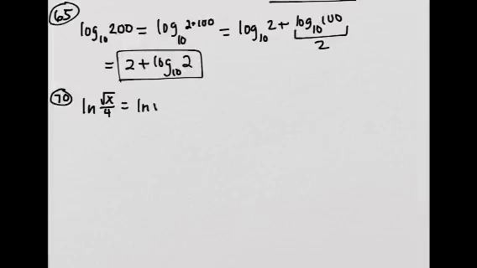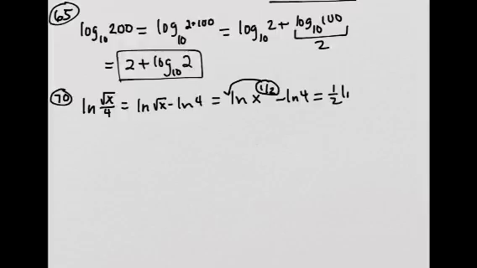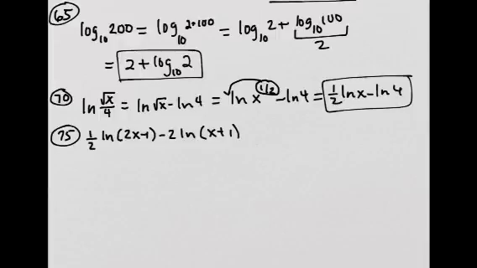Then the square root of x is the same thing as x to the 1/2, and this 1/2 becomes the coefficient of the log. So it's 1/2 natural log of x minus natural log of 4. And that's the answer.